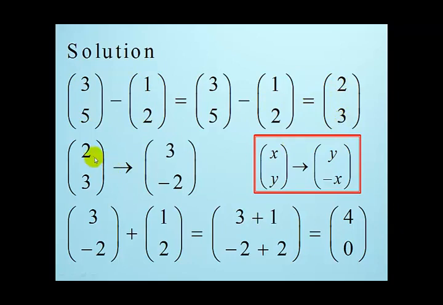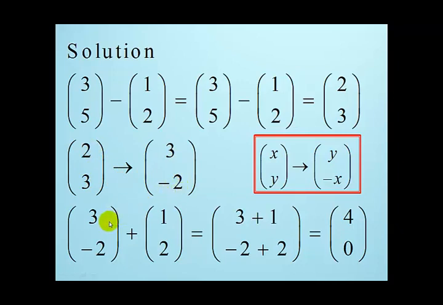Now after getting (2, 3), you rotate through 90 degrees clockwise, and the rule says (x, y) maps to (y, -x). That is, y goes up, x comes down, but the x coordinate is negated. So if you are rotating the point (2, 3) under a clockwise rotation of 90 degrees, 3 goes up, 2 comes down, and 2 is negated. So (2, 3) maps to (3, -2).